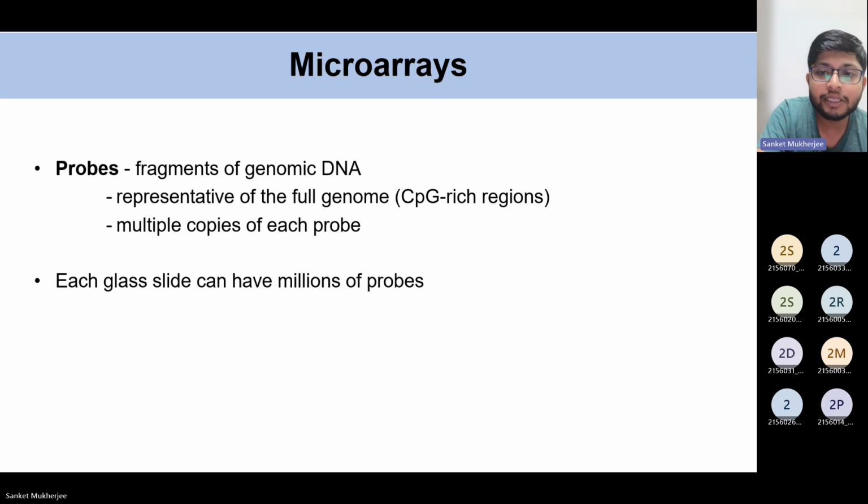In a well, there will be fragments of DNA which are probes. And then our target, let's say methylated CpGs, will hybridize with this probe, and our target gene or DNA will be fluorescently labeled beforehand. So in each well, you will get some fluorescent signal if it hybridizes with the probe that you have in the well.